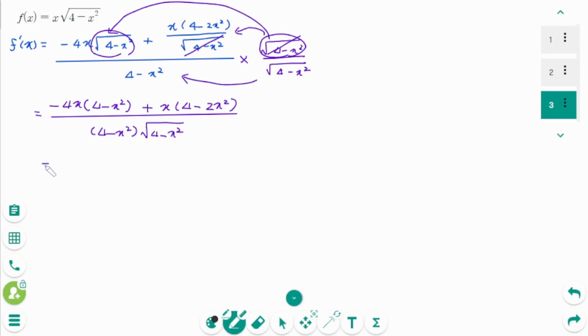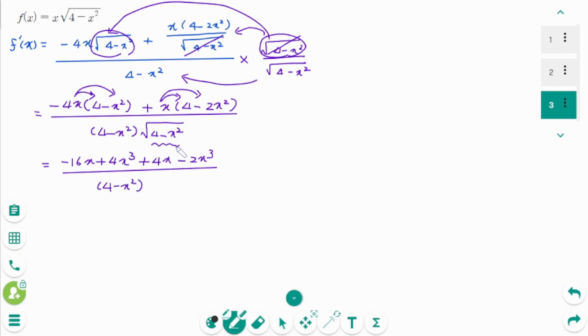This one, then equals, expand, minus 16x plus 4x cubed plus 4x minus 2x cubed over 4 minus x squared times this part, we can rewrite as 4 minus x squared to the power of 1 over 2.